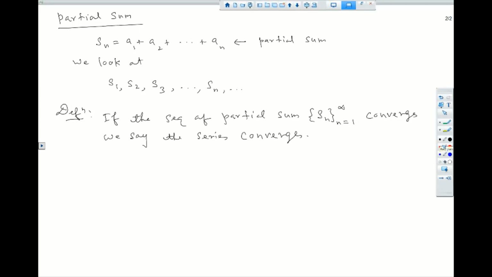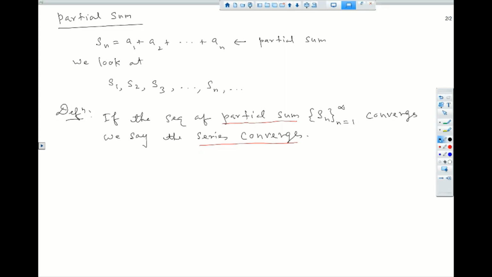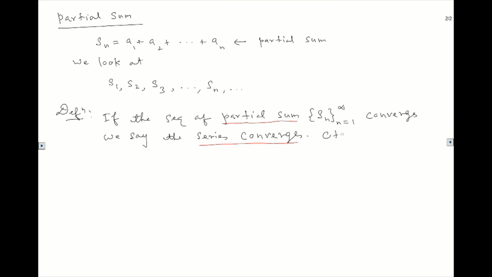So if the partial sums converge, we say the series converges. It's nothing new, we just introduce a new term. And otherwise the series diverges. So if the sequence of partial sums does not converge, we say the series diverges.